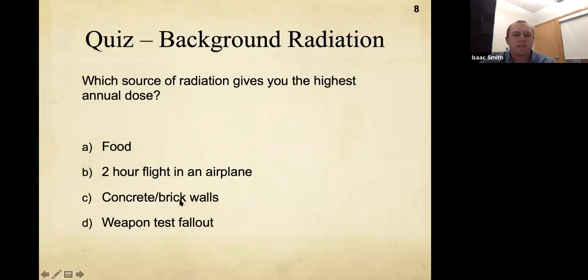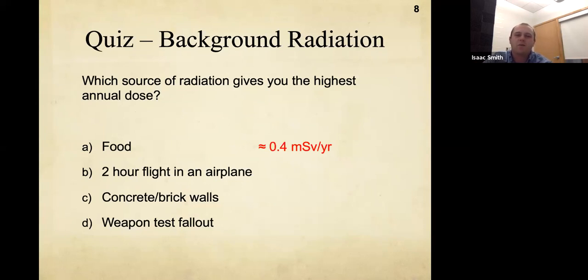Okay, so just a quick little quiz, kind of for fun. We're going to see which one of these do you think gives off the highest amount of radiation annually, okay? So we'll go through these. So food, different sources of food, like I said, bananas have potassium, which is a radiation source. So different foods are going to have different radiation sources.